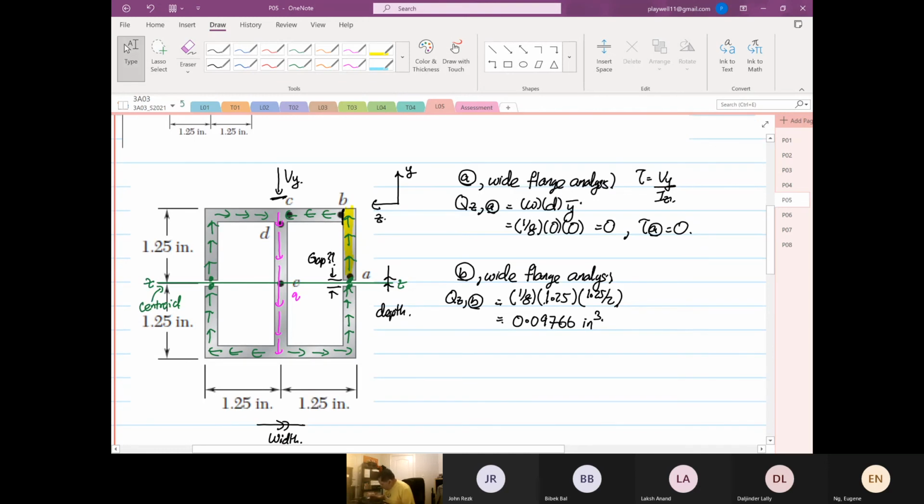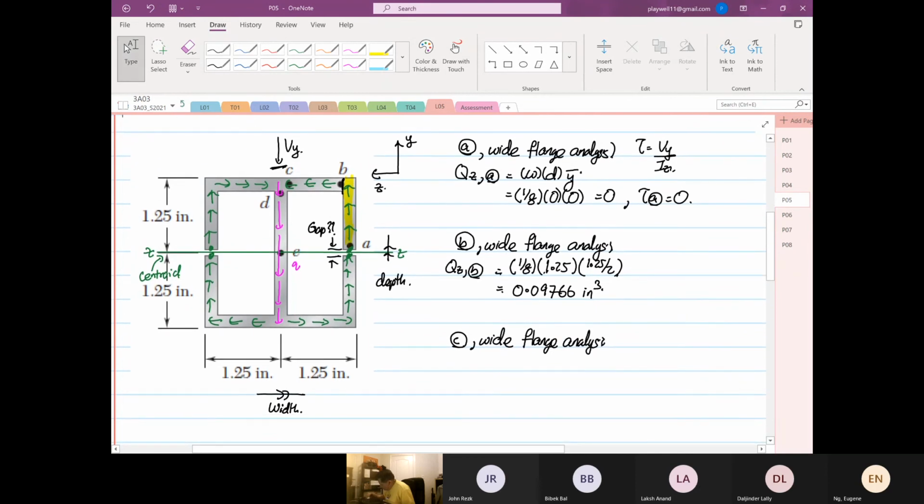So now we look at point C, right? Point C, so all these are wide flange analysis. Right? So we are going to find QZ at point C. So now we have to include this area down here.